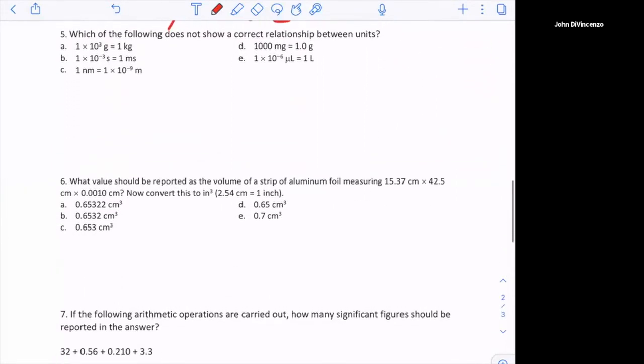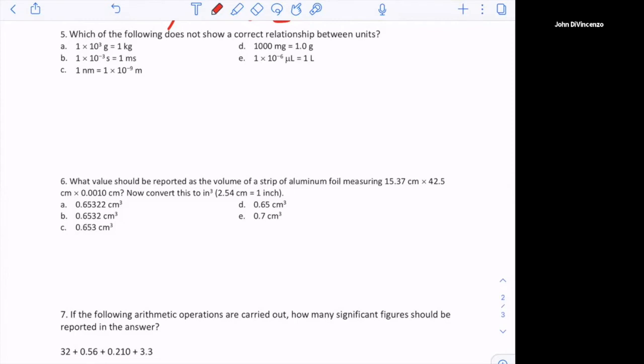Good to hear. Which of the following does not show a correct relationship between units? E as in Eric? E is correct. It's backwards, right?